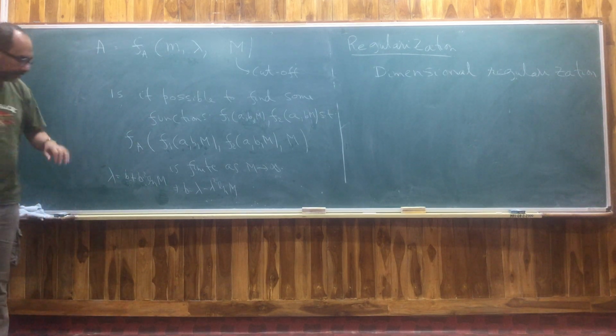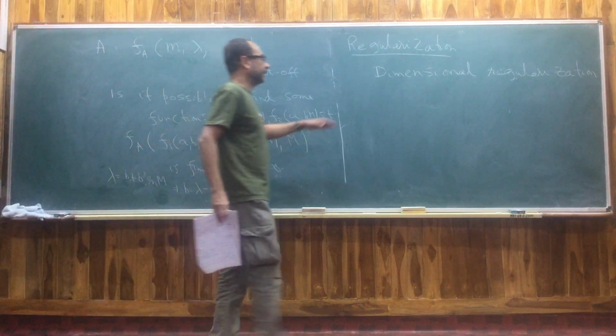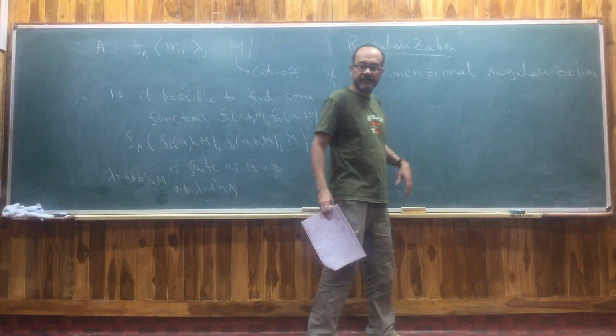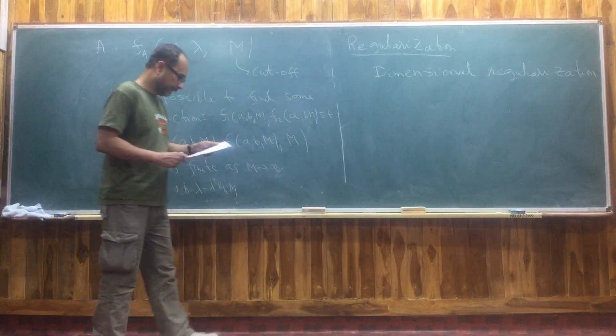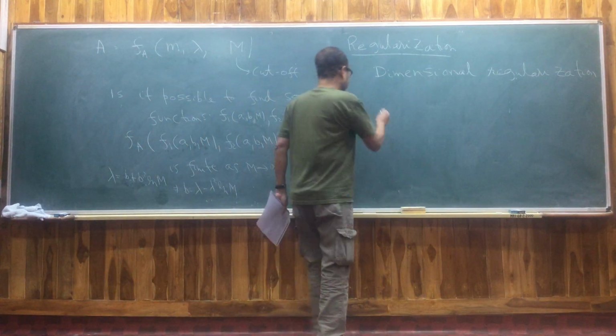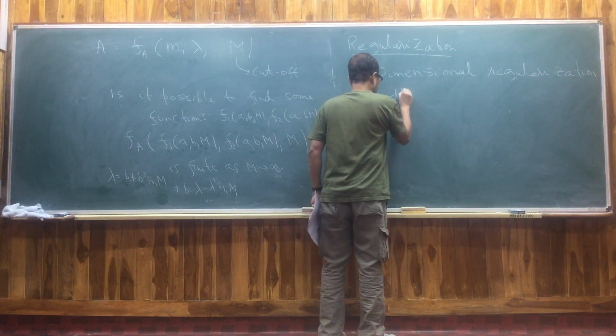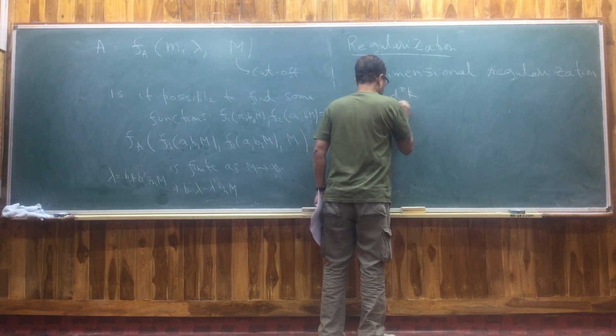So let's see how we can make sense of integrals as a function of dimension. We'll start with a simple integral because this will basically capture most of what we want to do.